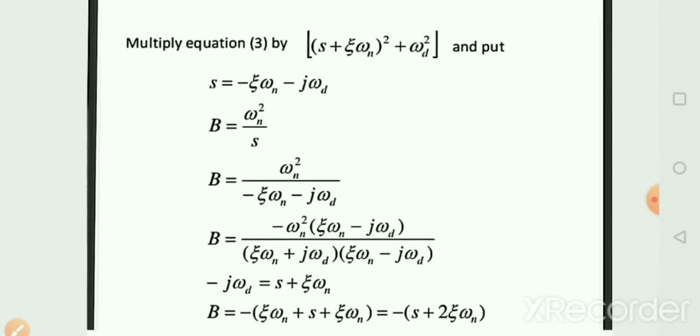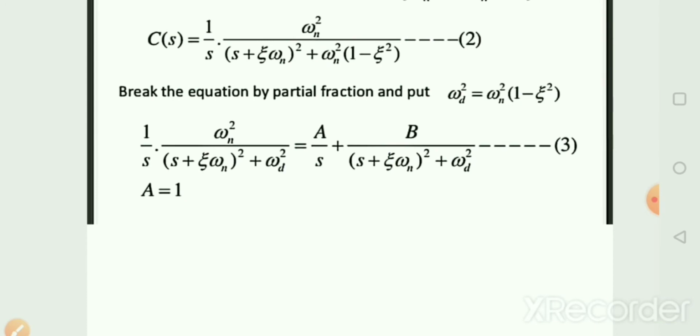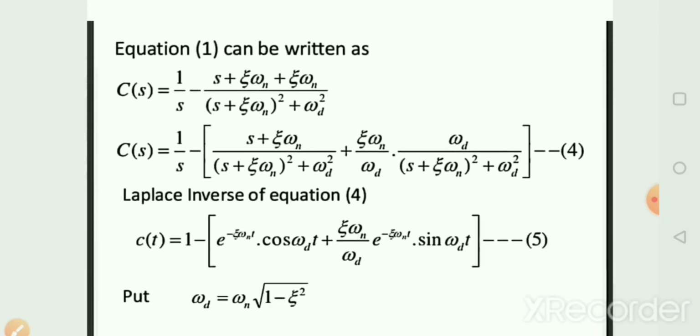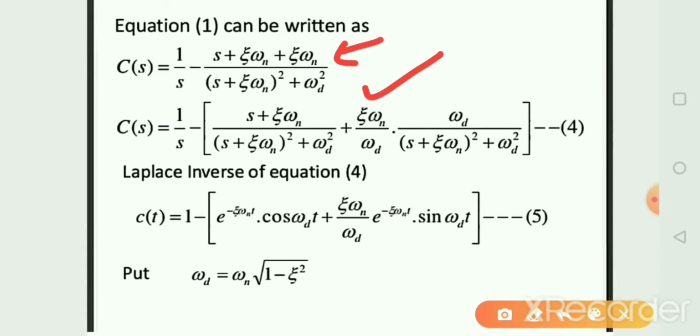Now we put the values of a and b in the third equation. If we put these values in this equation, we get 1 over s minus (s + ζωn) over (s + ζωn)² + ωd². Here the term ζωn is also added.